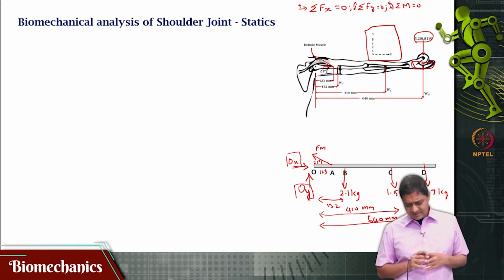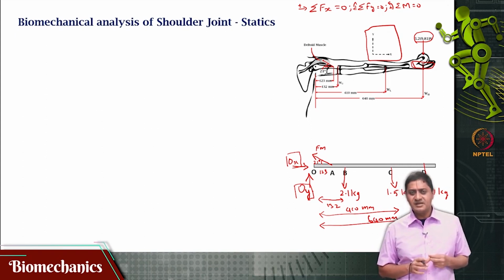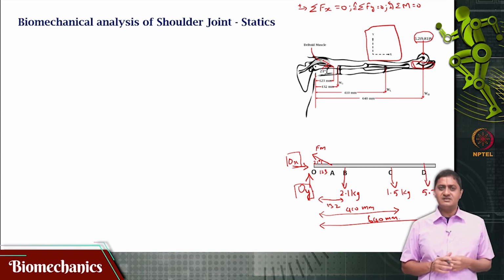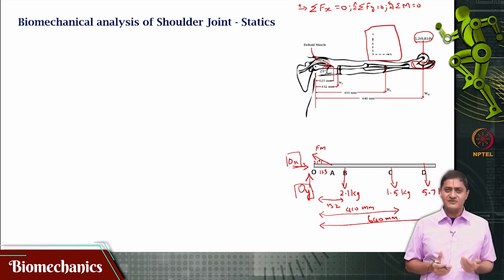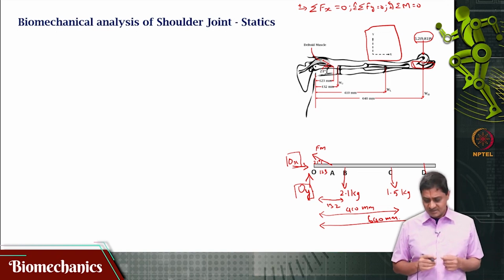It seems to me that is not something I can find by merely solving the force equations. Sigma Fx equal to 0 and sigma Fy equal to 0 alone may not give me this.